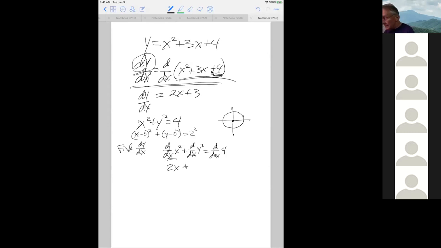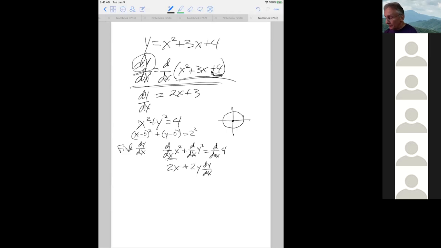So in this case, we've got y squared. The derivative of the outside function is 2y. And then we've got to take the derivative of the inside function, which is y. So we get a dy dx. That's the derivative with respect to x of y.